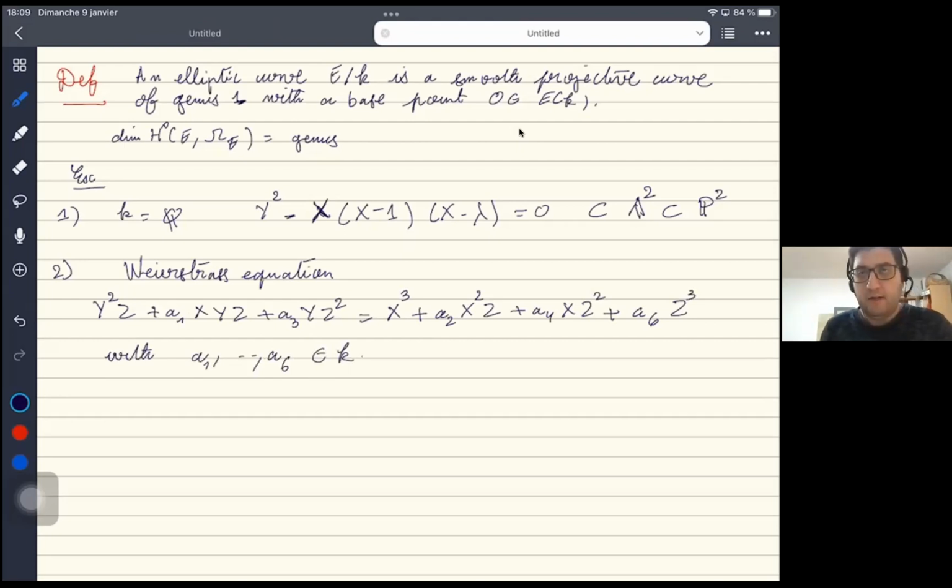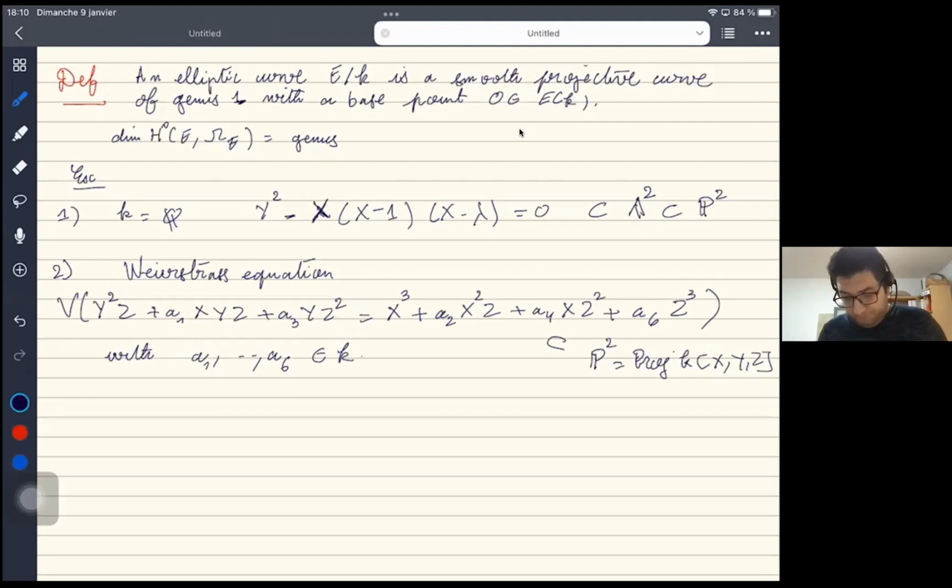But you take here really the equation, you see it as an equation in the projective space. So the zeros inside the projective space. When I put V here, I mean I take the zeros inside the projective space P2, which is Proj of K[X, Y, Z]. And you can see it's a homogeneous equation.